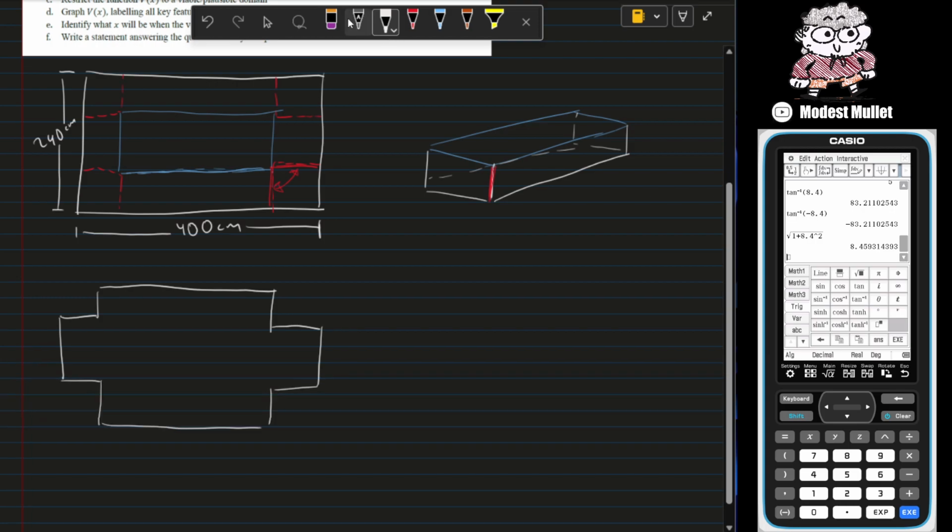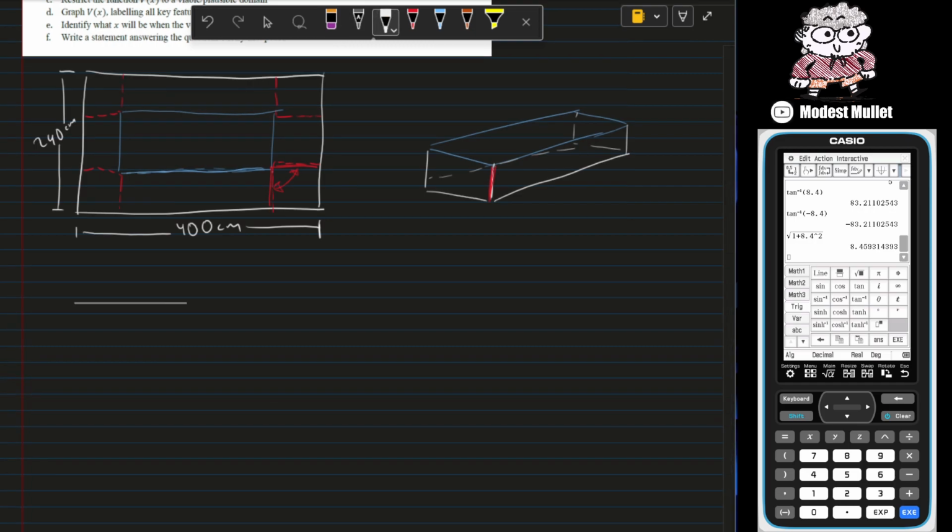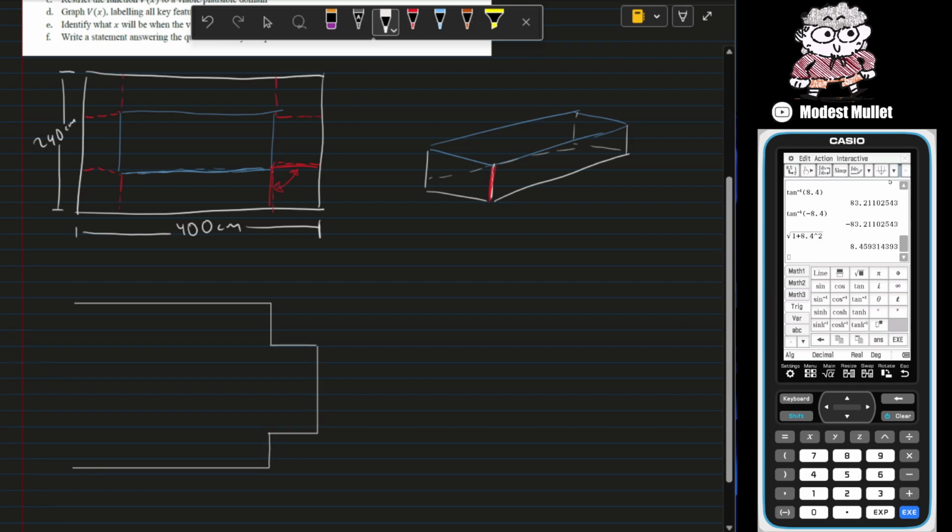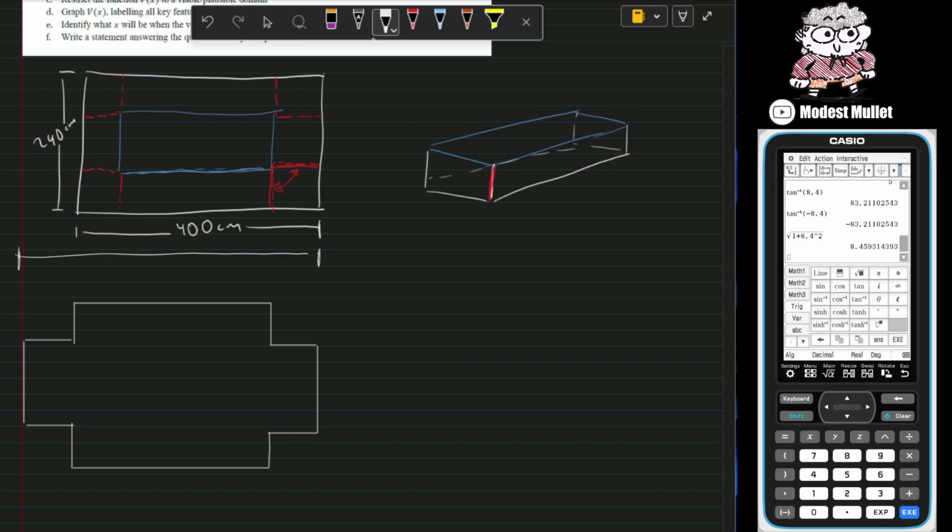Actually, can I hold shift and get straight lines? Yes, I can. Lovely. There we go, so we end up with this shape. As we said, all the way across is 400.